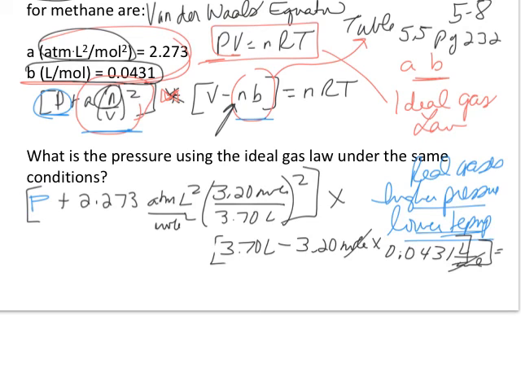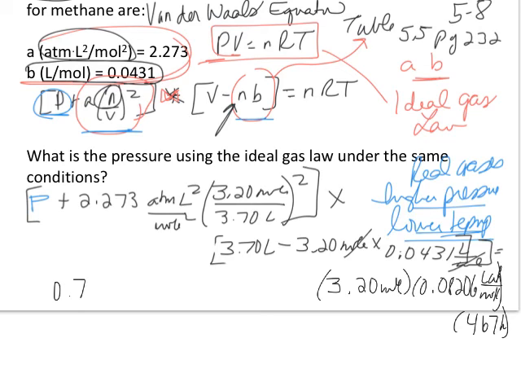And that is all going to equal our nRT term, which is 3.20 mole, that's N, times R, 0.08206 liters atmosphere per mole Kelvin, times our temperature, which is 467 Kelvin. When you simplify these terms, you should get 0.74799.